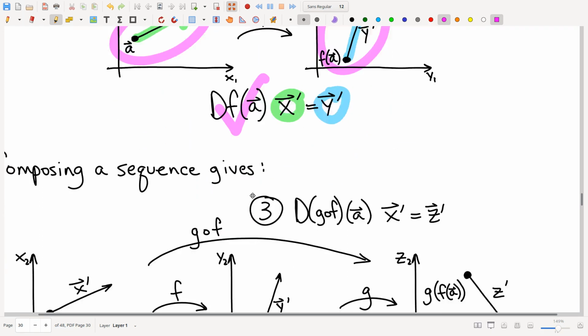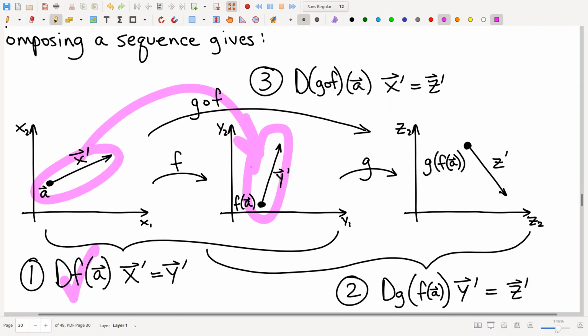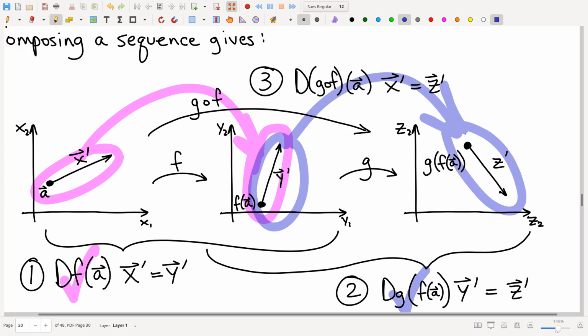So, looking at this picture here, the derivative of f is what you multiply by that to get that. The derivative of g is what you multiply by that to get that.